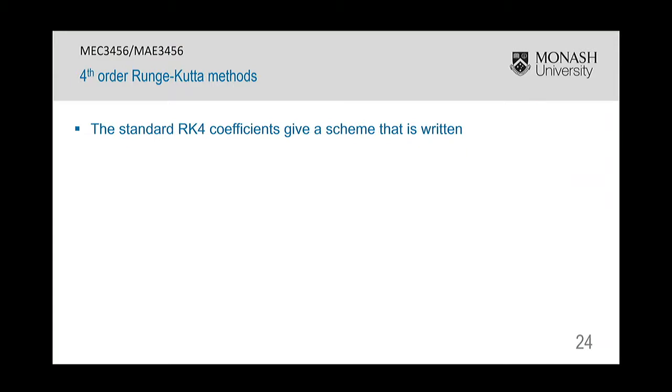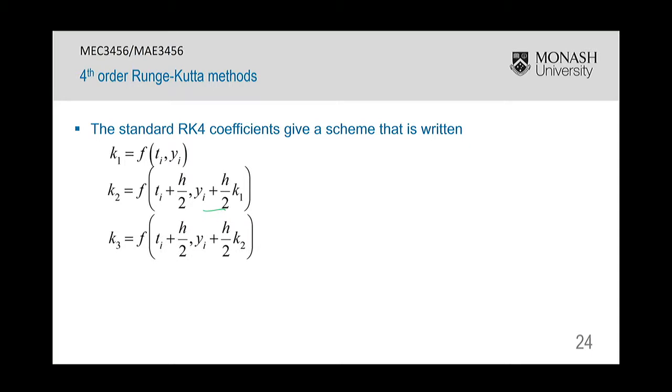It has been determined that there are various different sets of coefficients that tend to give better schemes, and there is a standard RK4 set of coefficients, given by K1 is equal to the function value at the initial point. K2 is the function evaluated at a halfway point. So this effectively is like a midpoint method up to here. But then we do K3.